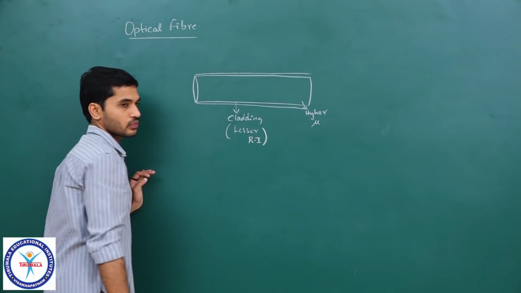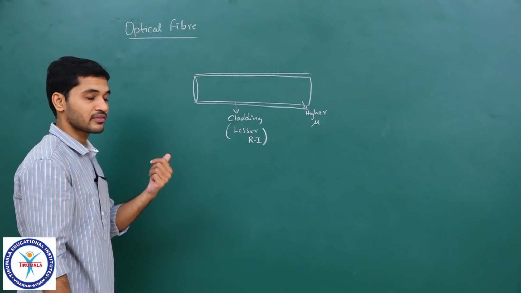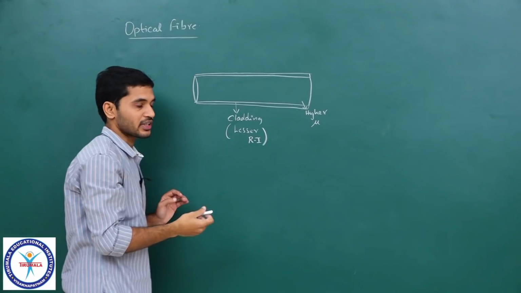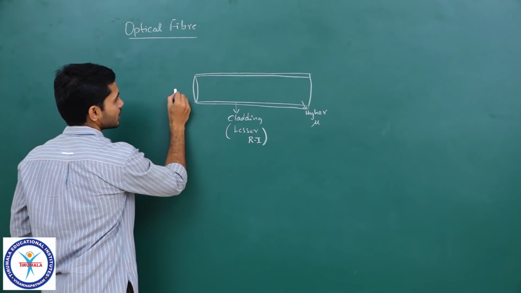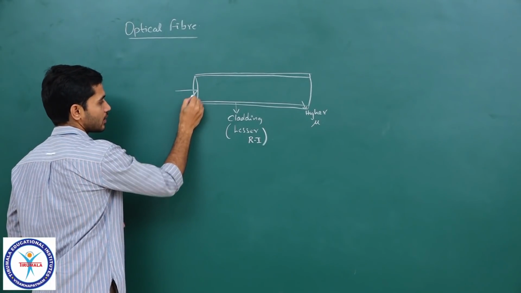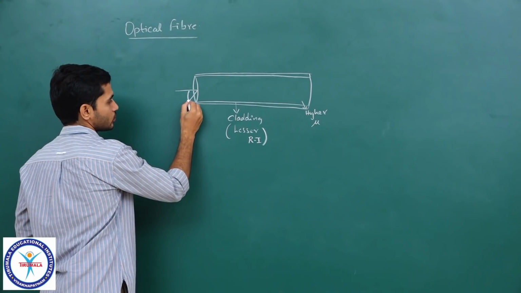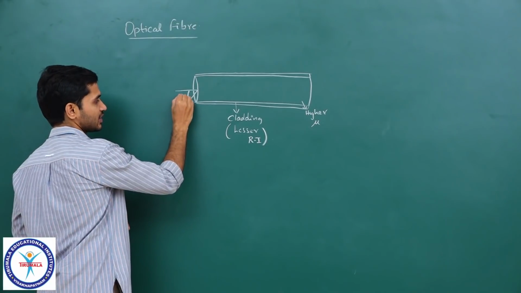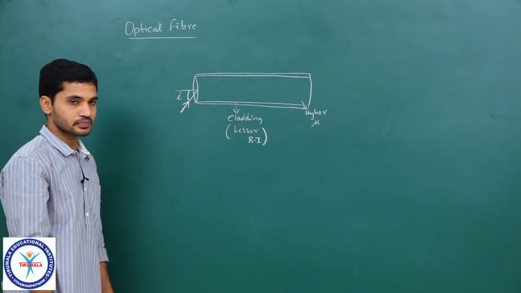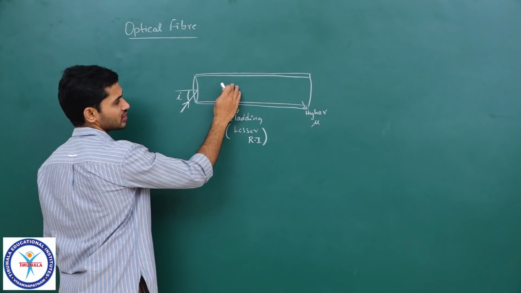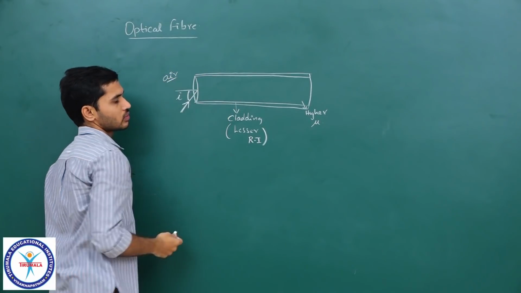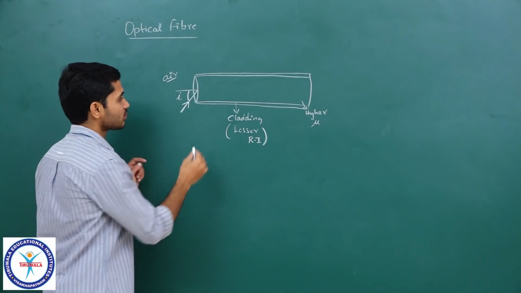Okay. Now, let us first understand how light behaves when incident on the optical fiber. Let us say light is incident on this optical fiber at some angle. If this is a light ray which is incident at some angle I, because this is the denser medium and the surrounding is air, the light ray will definitely enter into the denser medium, right.